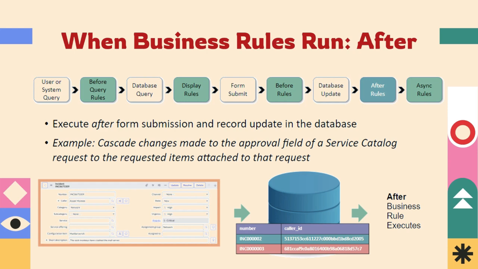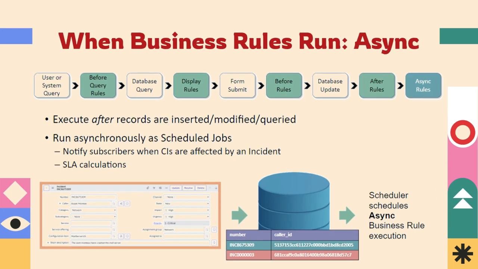So let's see how async business rule runs. It executes after records are inserted, modified or queried. It runs asynchronously as scheduled jobs. For example, we can notify subscribers when CIs are affected by an incident, or handle SLA calculations, and there can be many more calculations.